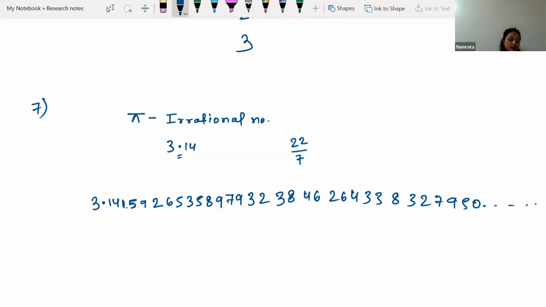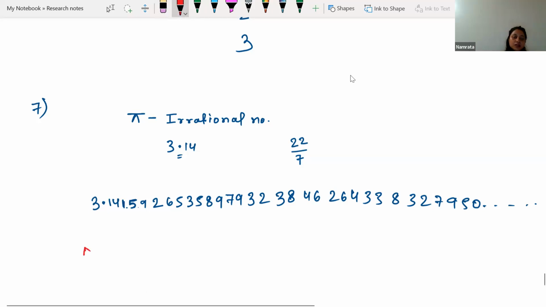Okay, non-terminating decimal number. So we have to make a frequency distribution table of the digits from 0 to 9 after the decimal point. So make a frequency distribution table. Let me write the given instruction also, so that you will be clear with that.